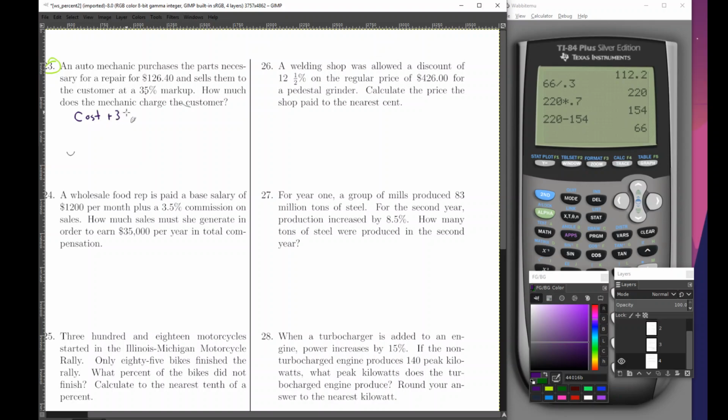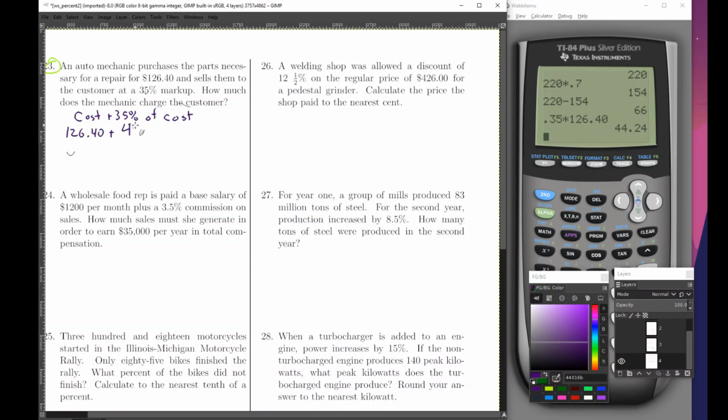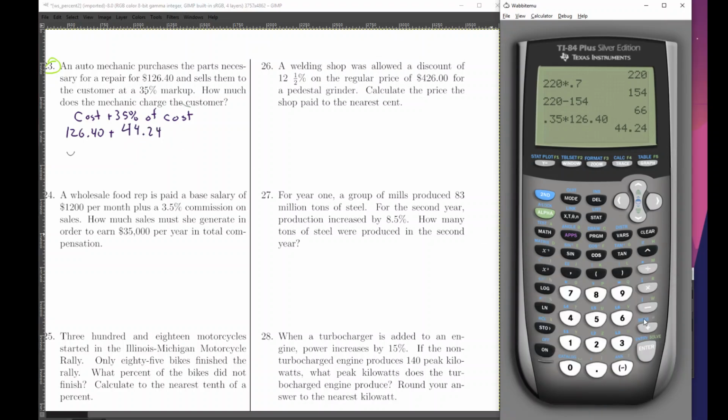Cost plus 35% of the cost. What's the cost? 126.40. What's 35% of it? 0.35 times 126.40. 44.24. Let's add that back to the cost.